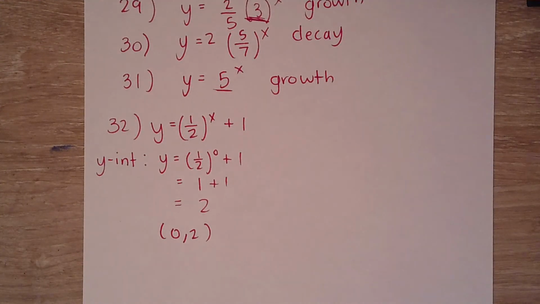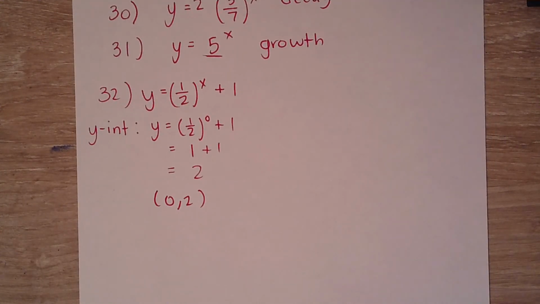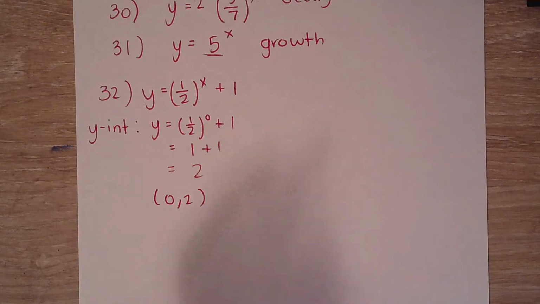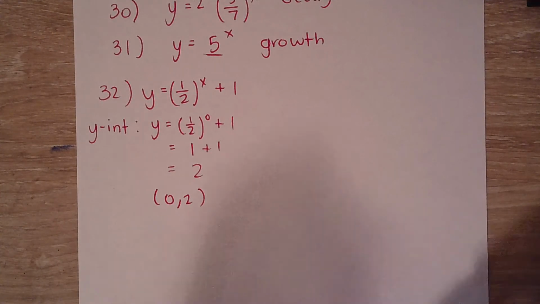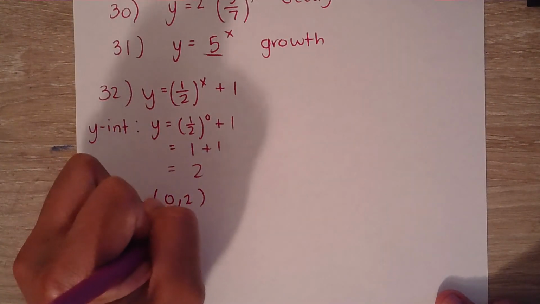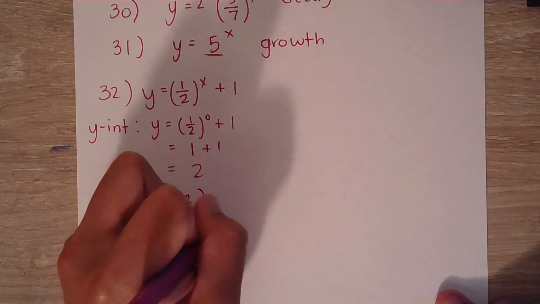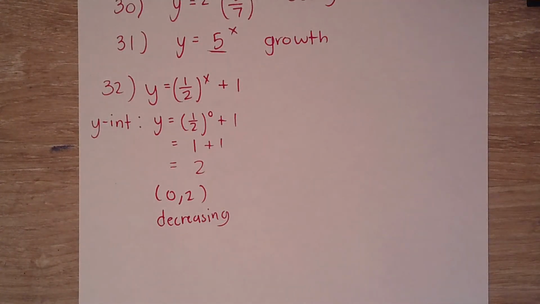All right, we also want to know if it's increasing or decreasing. As I said before, this is a fraction. Because that fraction is raised to our variable, we know that it's going to be decreasing. So decreasing. All right, 2 out of 3. And the last one, we want to know where our asymptote is. So remember before, our default is always going to be y is equal to 0.